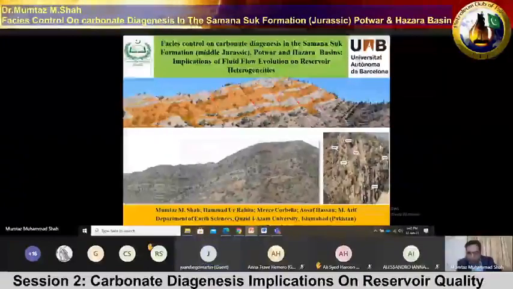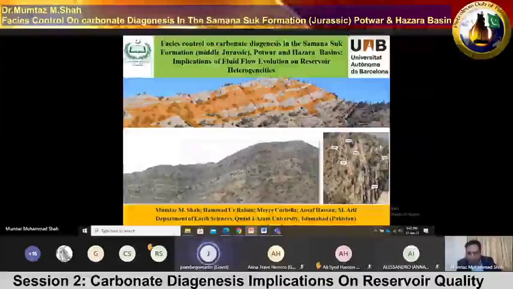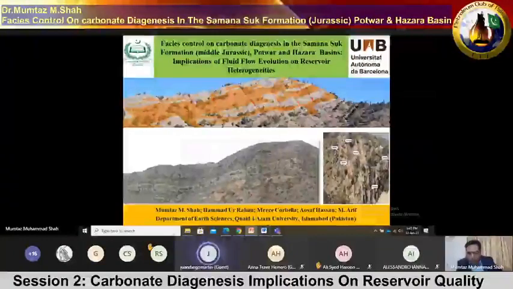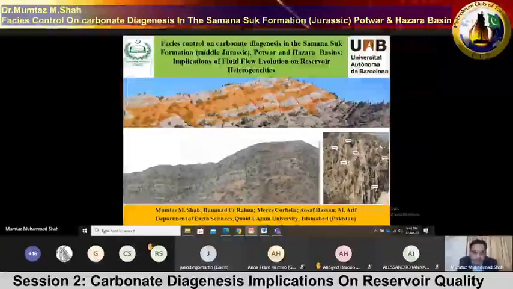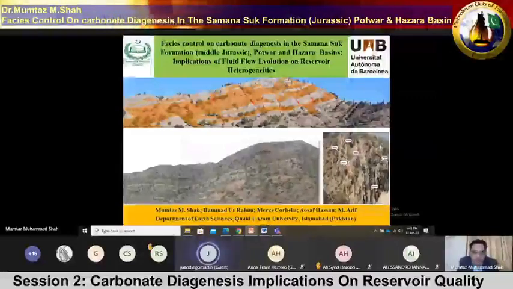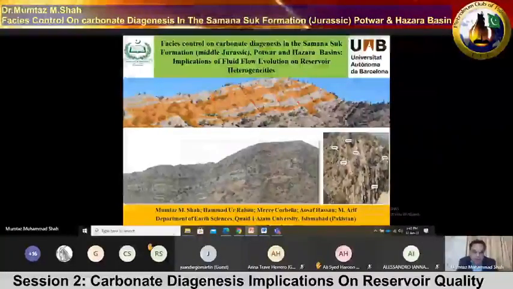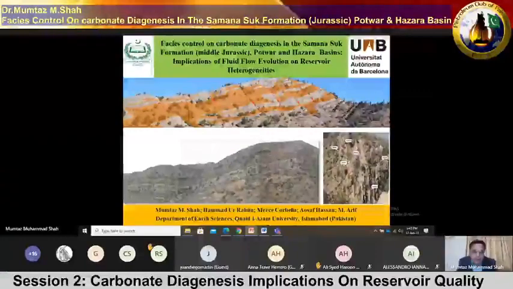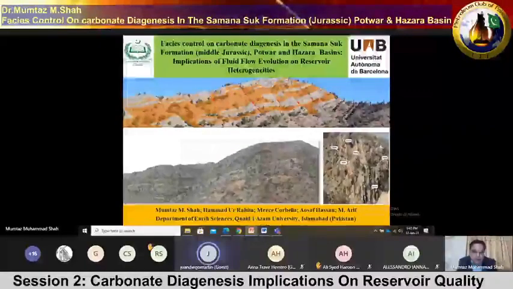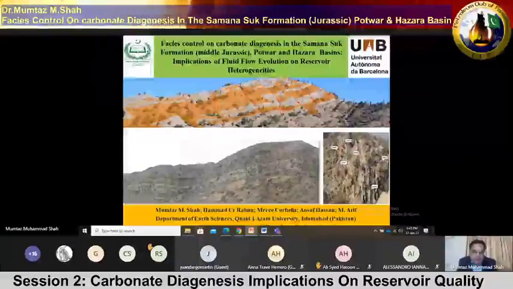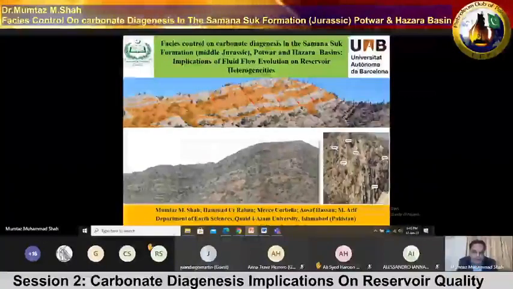So in terms of the location of these outcrops, it's part of the foreland thrust belt. We can see over here these major fault systems in the northern part of Pakistan, where we have the Salt Range in the south, the MBT in between, and the MMT more towards the north.